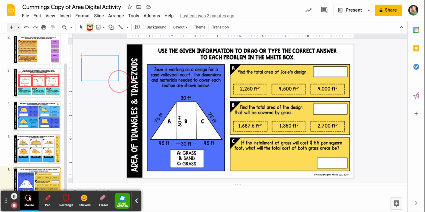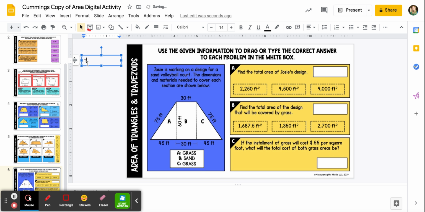Well, in order to do that, you have to use the formula for a trapezoid, which is again A equals 1/2 base 1 plus base 2 times the height.